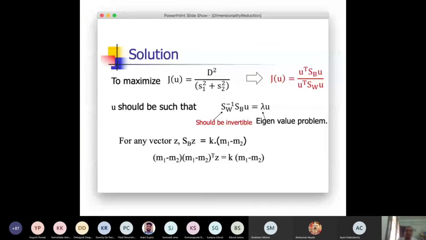Let us understand. If I expand SB, you get M1 minus M2 into M1 minus M2 transpose.